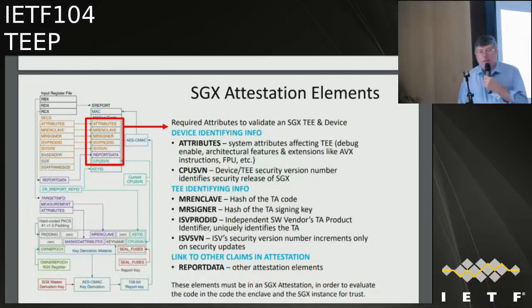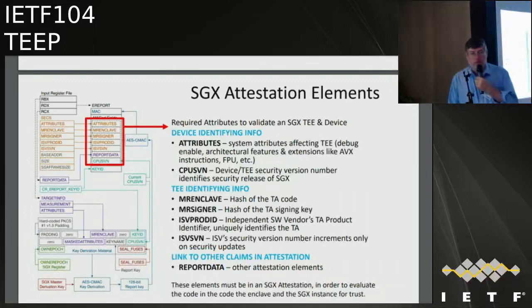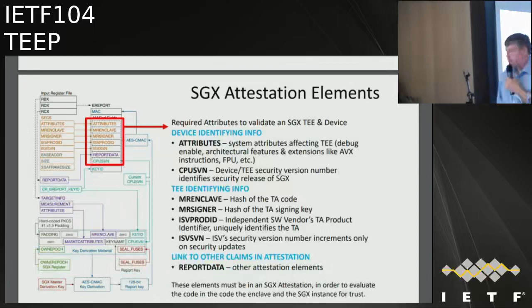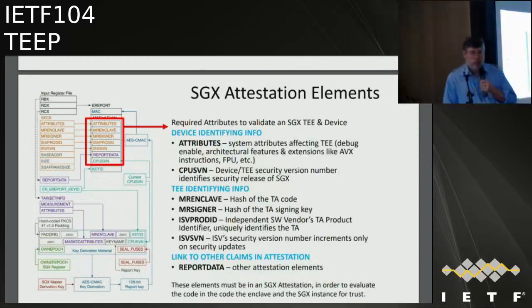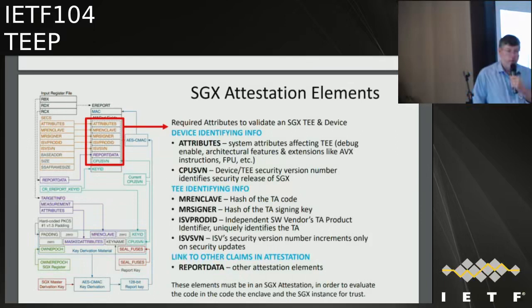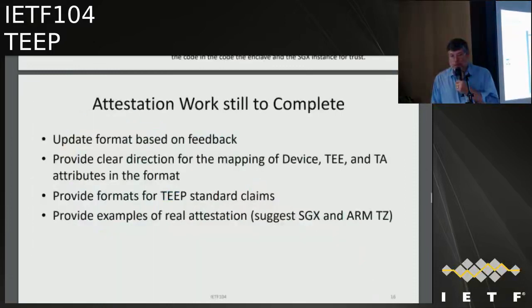So that should be important for us to correlate in our identifiers for TAs as well. There's still quite a bit of work to do, so we're not going to close this out. Those are some of those things. So I think we can move on to the next item.